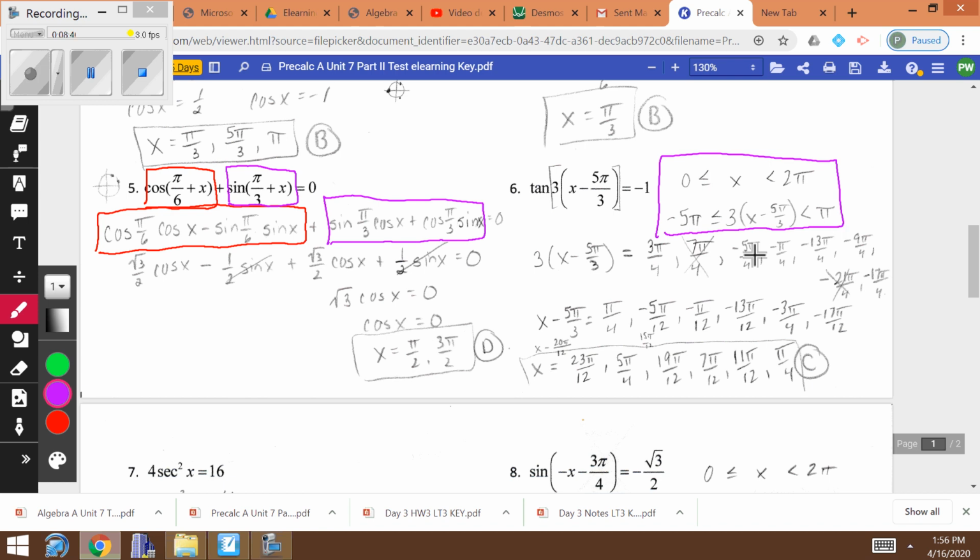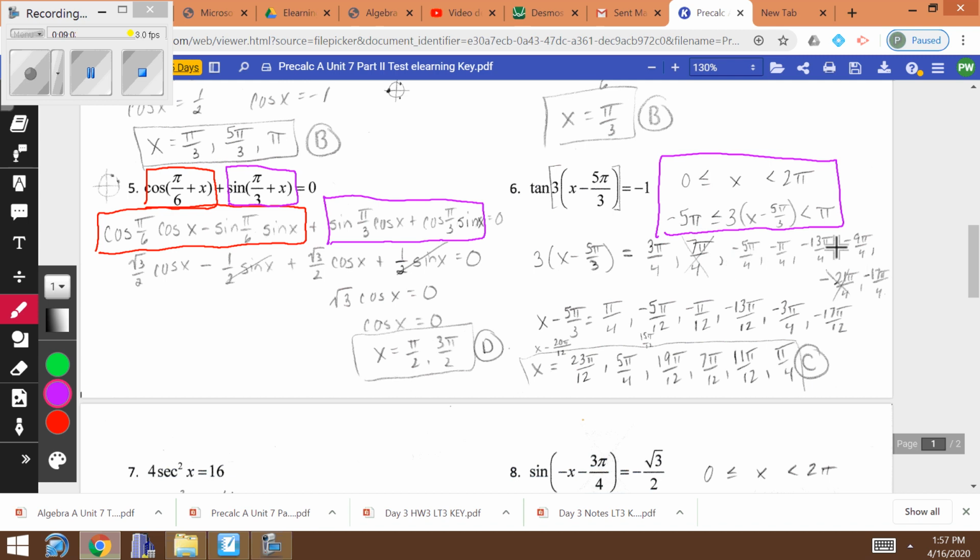So when we're going through our answers here, again, I did the where is the tangent -1? I started with 3 pi over 4 and 7 pi over 4, just like most of you did, but both of these are not in the interval. 3 pi over 4 is, but 7 pi over 4 is not. So we know we need negative ones because we want to go all the way to negative 5 pi. So I subtracted 2 pi.